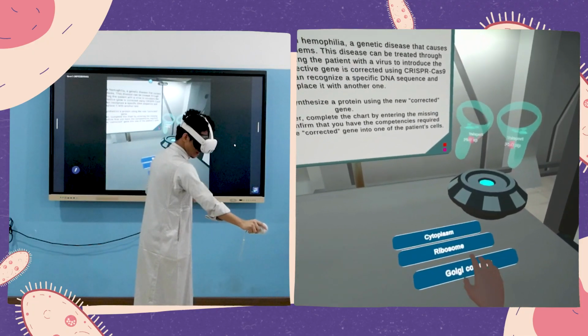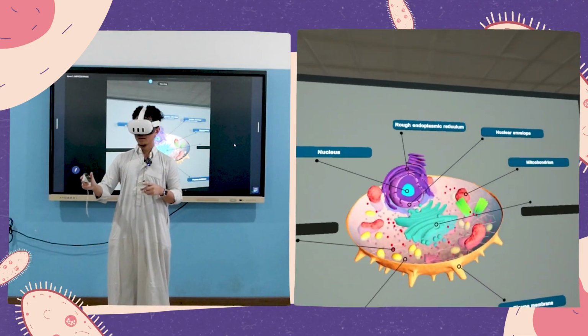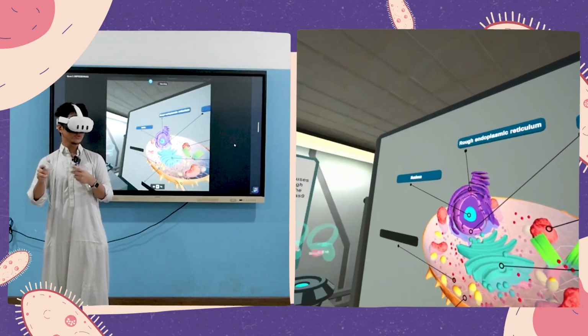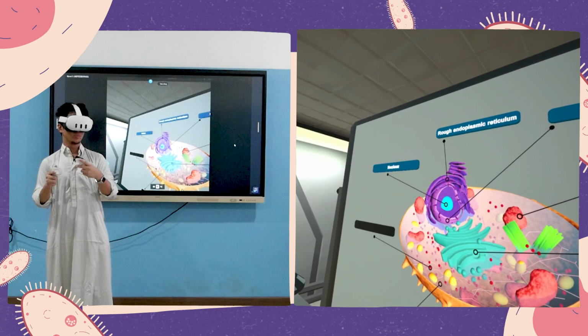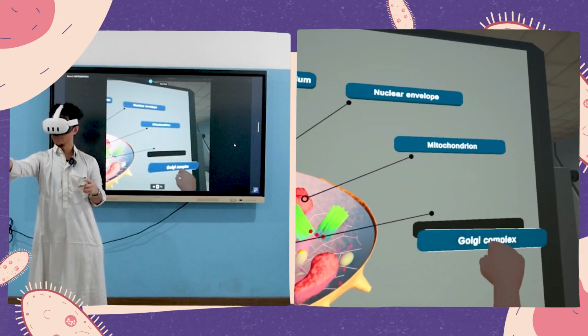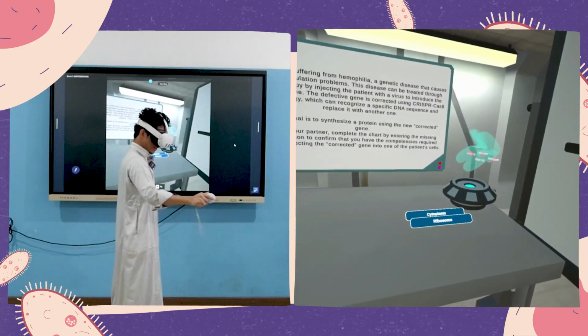Next thing is the Golgi complex. So this blue part right here is the Golgi complex, and it's gonna be related to our process of protein synthesis later on. So I'm gonna put it right here, and we got two left.